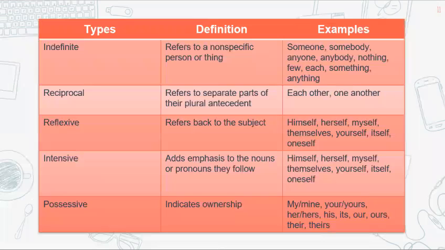An example is, I did it myself. It is referring back to the pronoun or noun that it follows. Possessive pronouns, lastly, indicate ownership. Again, we're very familiar with these: mine, your, yours, her, hers, his, its, our, ours. All of these are possessive pronouns.